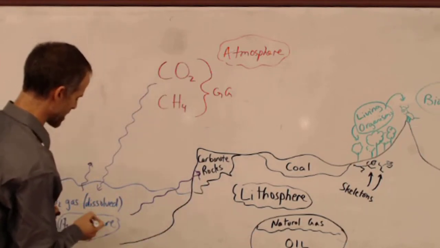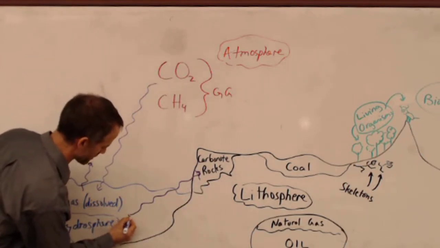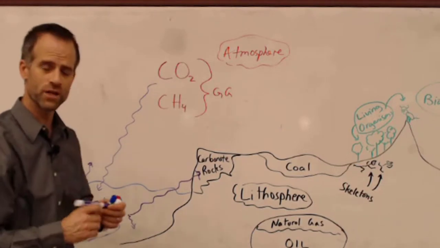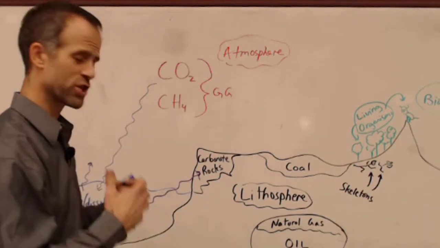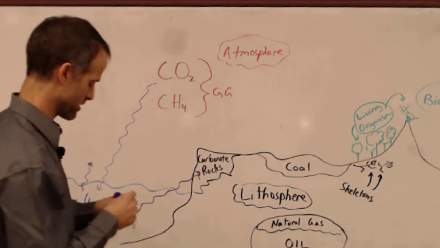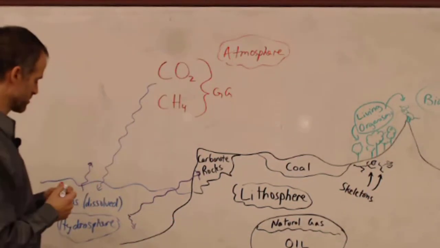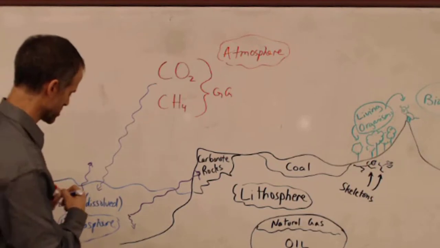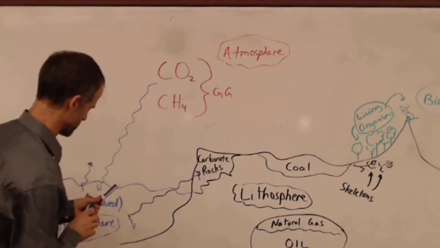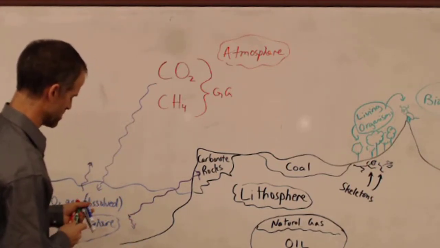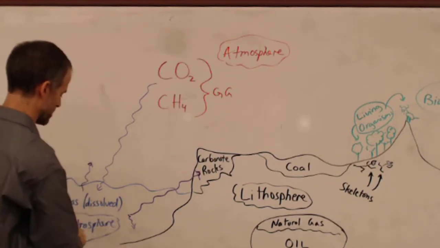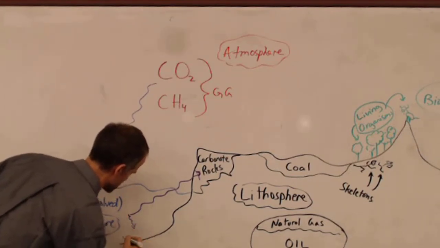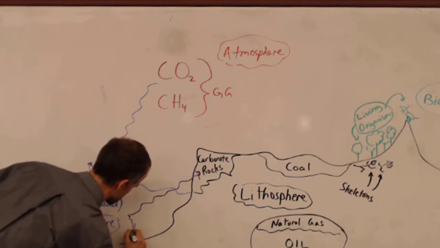We also have to the biosphere, a lot of fish and crabs and mollusks and stuff have shells. Those shells are made with calcium and carbon. And so from the hydrosphere to the biosphere, we have animals store some of this carbon dioxide. Plants and animal life store it.